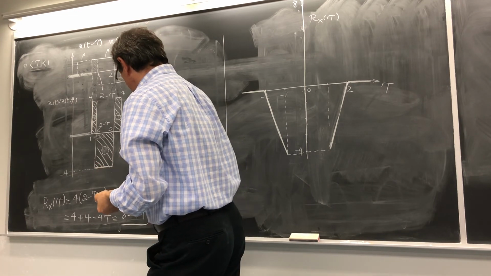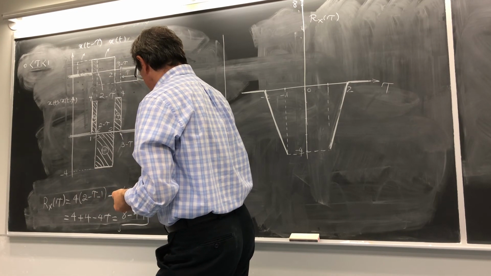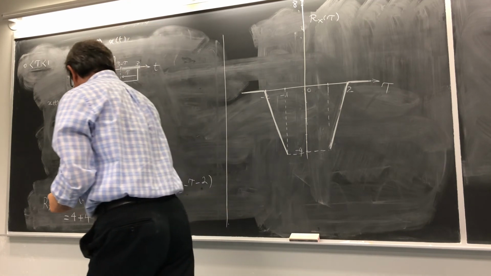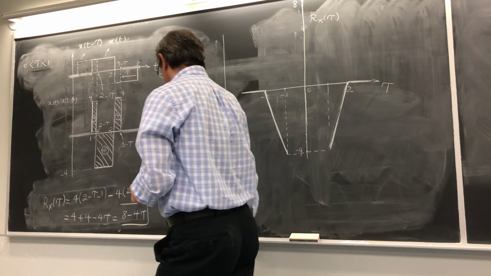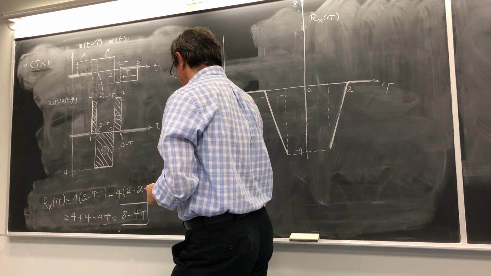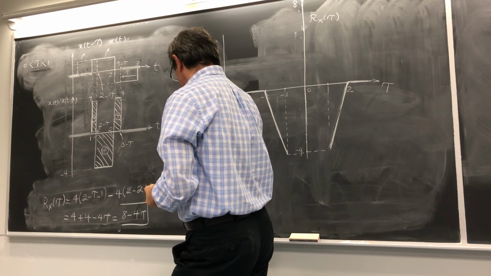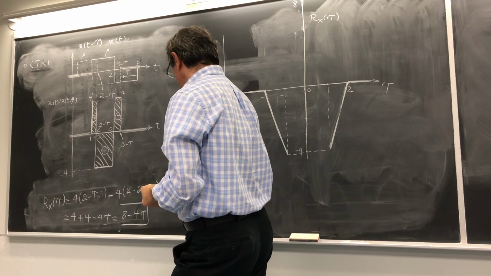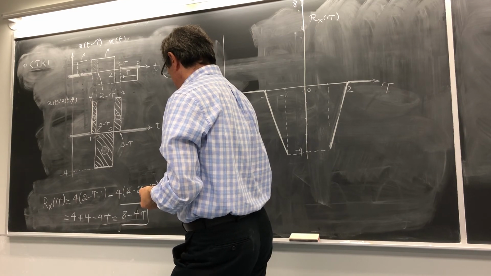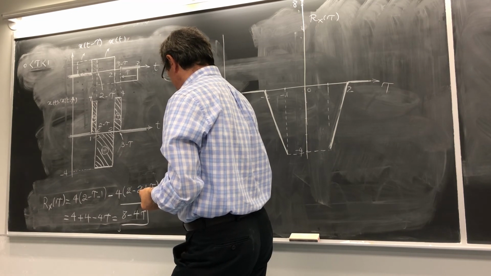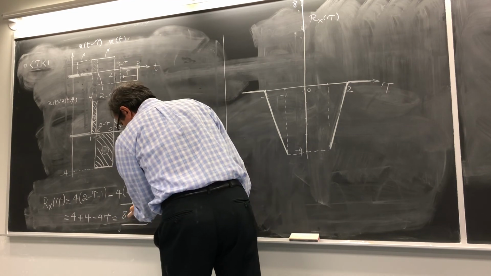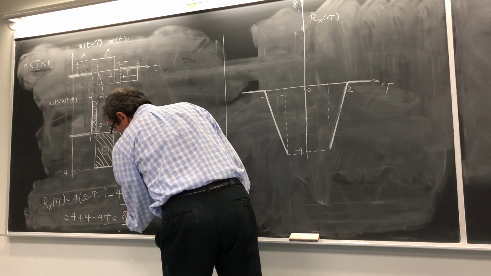So that is minus 4 tau. Here's another minus 4 tau, which is minus 8 tau. Plus 4 tau, or minus. Minus 12 tau. Is that right? Yes. Minus 12. That's right.